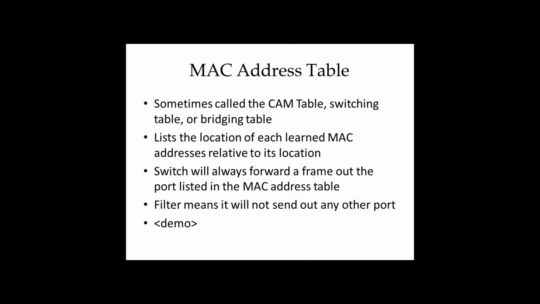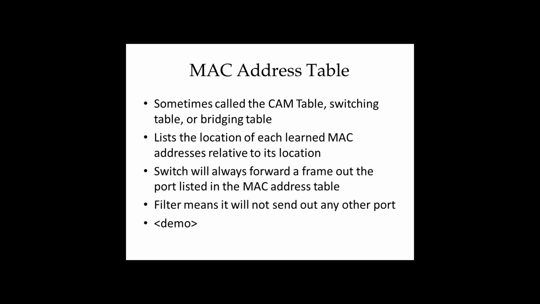Again, the address table is just going to list the location of where each of those MAC addresses live. So the whole idea of forwarding and filtering is that as frames come in, the switch knows to send it out a specific interface, a specific port on that switch. The filtering aspect means that it's not going to send it out any other ports.